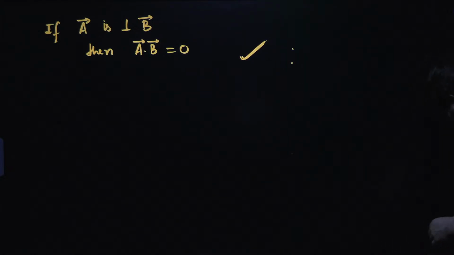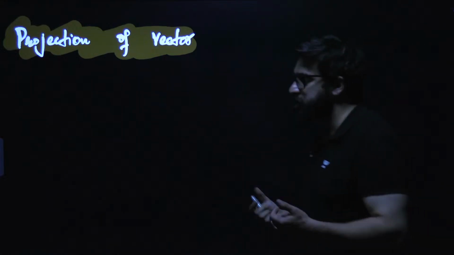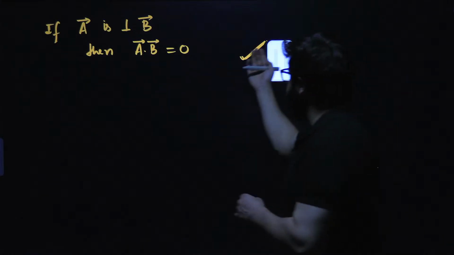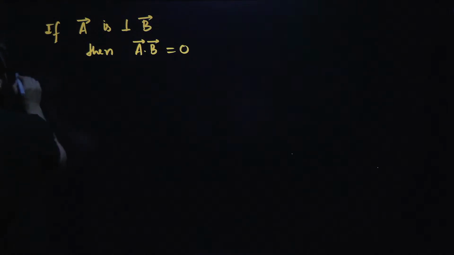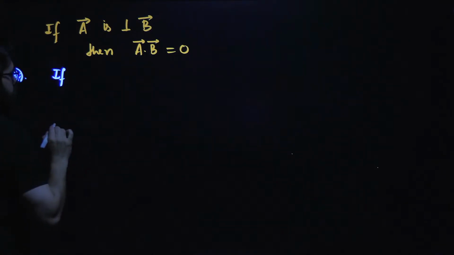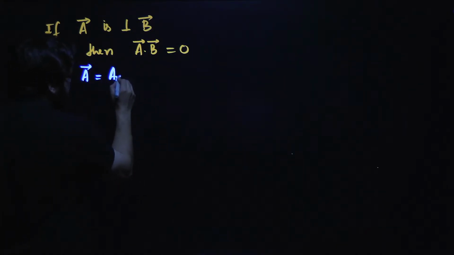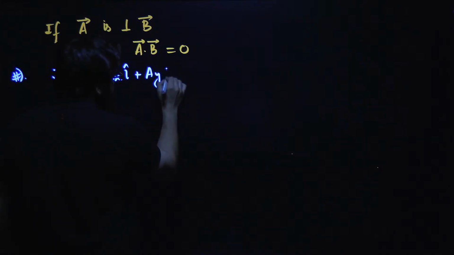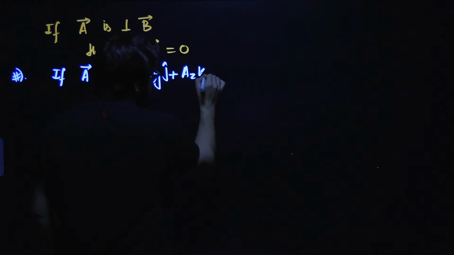Now, my dear friends, let's talk about a small topic over here, that is projection of A. One more thing I forgot to tell you. Let's suppose a vector A is given as AX i cap plus AY j cap plus AZ k cap.